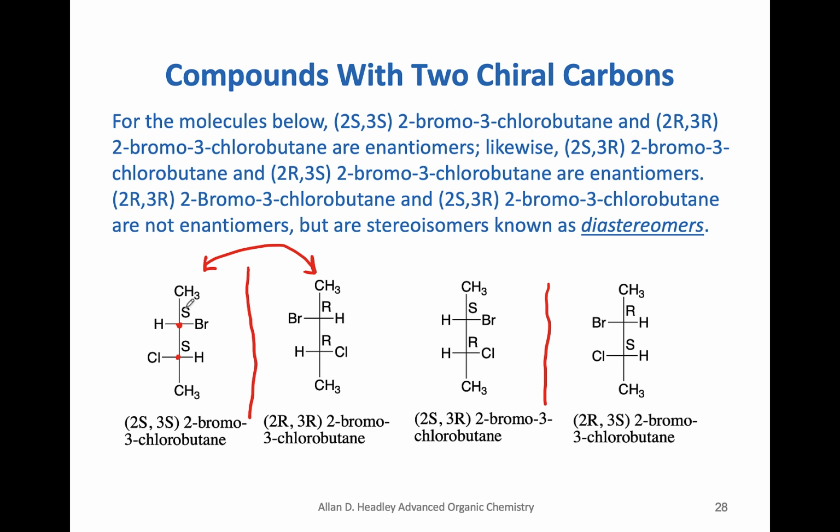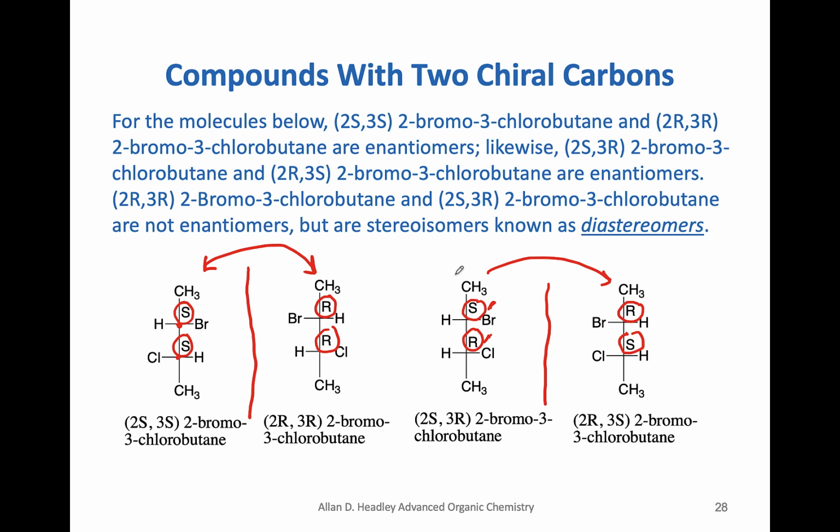Notice again, this is S and S. The mirror image, or the enantiomer, would be R and R because it would be opposite. Notice again the relationship here: in the enantiomer, it would be R opposite to S and S opposite to R. So therefore these are enantiomers.